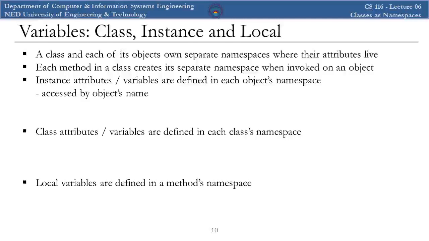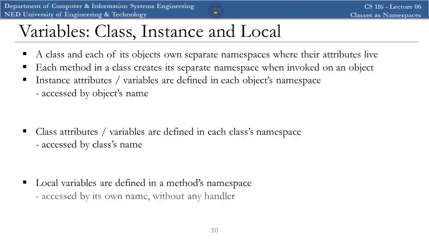So in any method, if you want to access an instance variable, you always use that self dot identifier. If you want to access a class variable, you access it using the class's name. As we saw in the last example, count was accessed using the Animal dot operator, and Animal was the name of the class. And if you want to access a local variable, you just access it as it is, without any identifier.